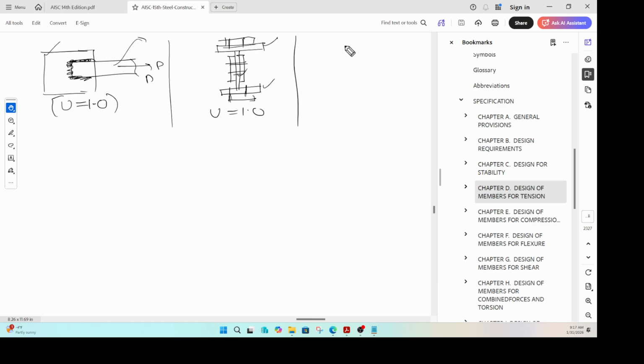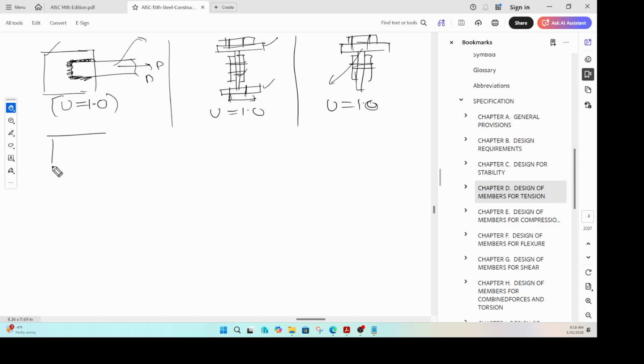Okay. So if you take a T like that, U equals 1.0. Let's say you have the web connected to something else, right? And then the tension forces are being applied normal to the screen. In this case, your U equals 1.0.